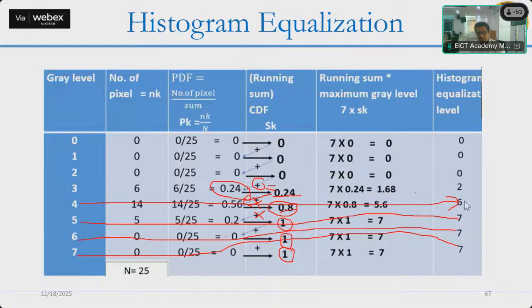Definitely, one thing is clear that 0.24 can't be the new value. See, 0.24 can never ever replace the 3. Even if you do 0.24, there is some problem, something more is required. What is that more that is required? So here, that's why we are multiplying by the maximum gray level. Maximum gray level is 7.